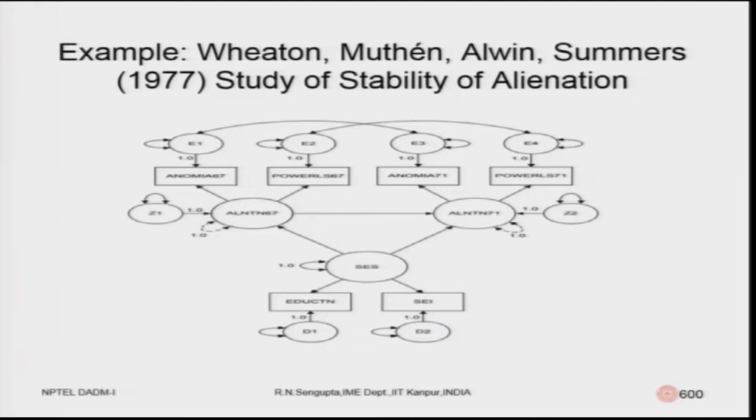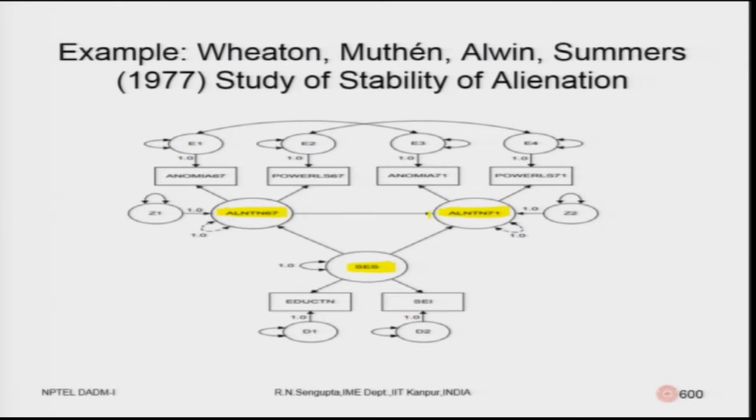So, we will have the model specified using structural equation modeling like this. This is the SES, which we have considered as the education levels. We have the alienation of 1967 and 1971, and we will consider that 1967 is going to affect 1971, which is why the arrow goes from 1967 to 1971.